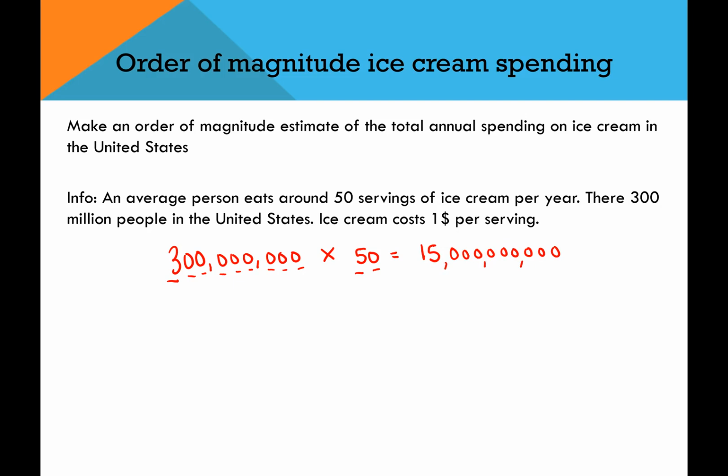If ice cream costs $1 per serving, which is not true, but gives us a rough estimate, we're essentially spending $15 billion on ice cream. Well, what's the correct answer? 13.7 billion. So we're not exactly correct, but we're at least at the right magnitude, the right order of magnitude.